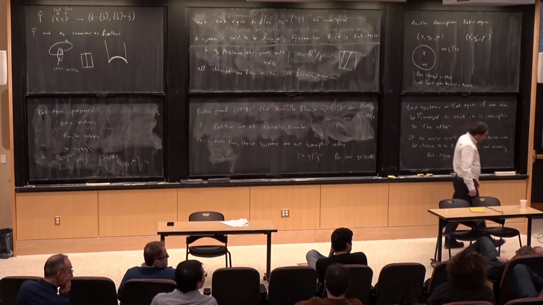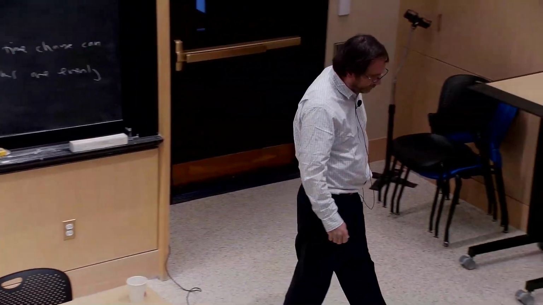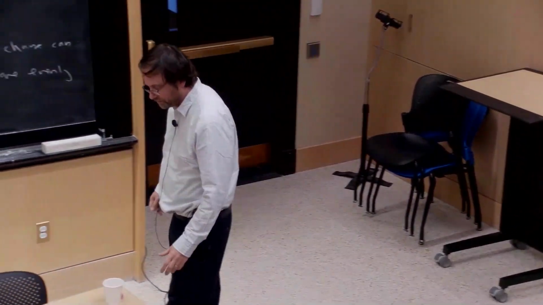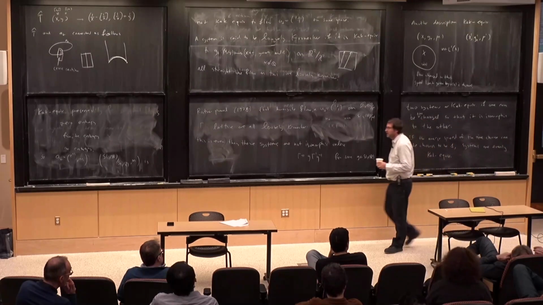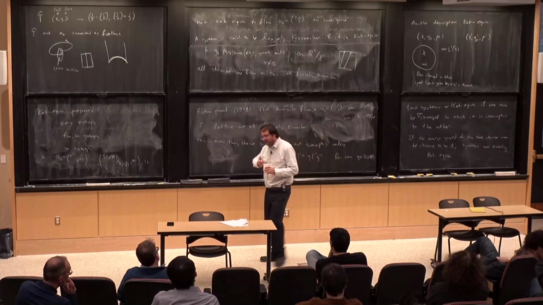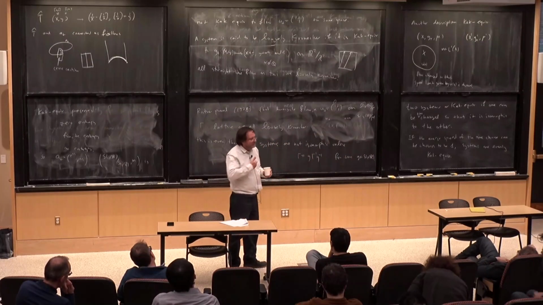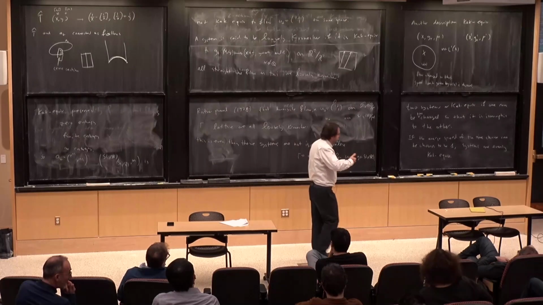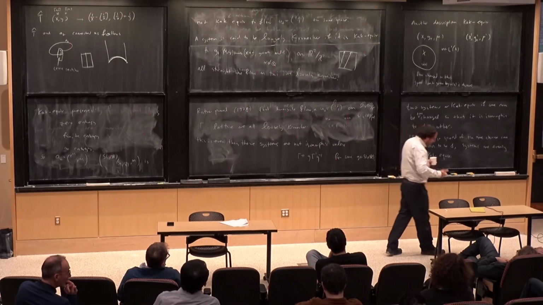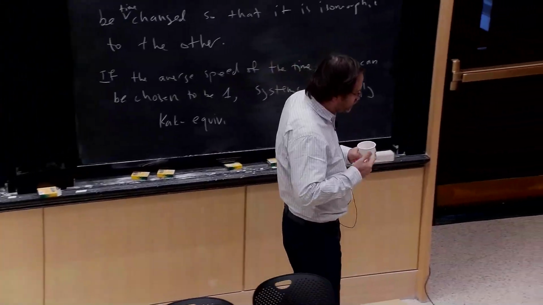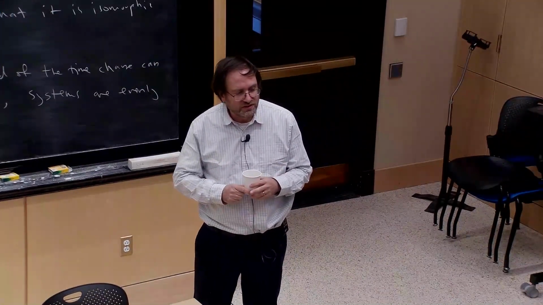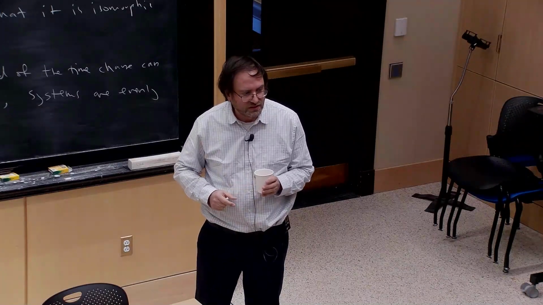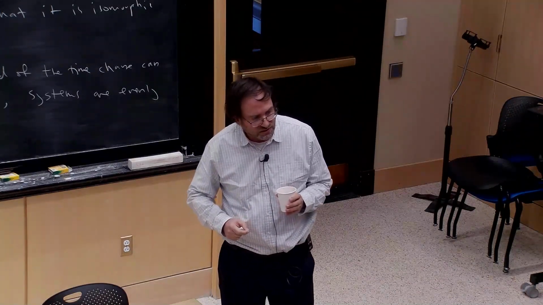So when you define the equivalence, you require that the speed limit is in L1. Would the situation change dramatically if you needed it to be smooth? Yes and no. So along the direction of the flow, you could get everything to be smooth, but if you require the time change to be smooth in other ways, then actually it becomes a strictly more restrictive notion.